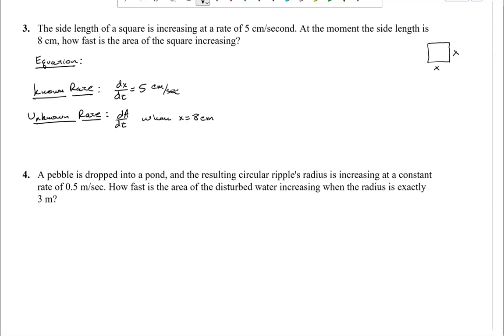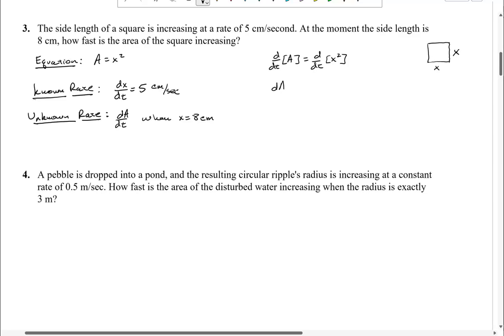So we have A representing the area of the square and x representing the side length of the square. So our equation will be A equals x squared. Again, we're going to take a derivative with respect to time and use implicit differentiation. So we have dA/dt equals 2x dx/dt, and then we'll plug in the values that are given to us.